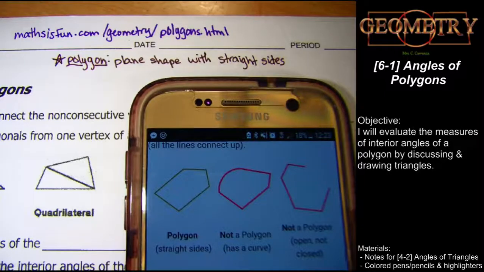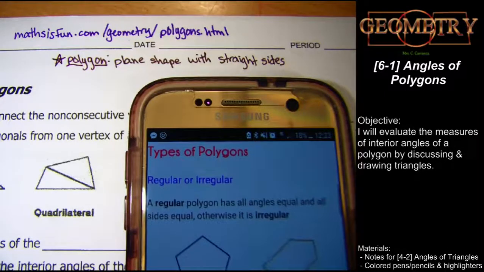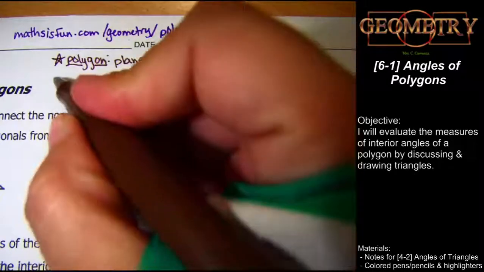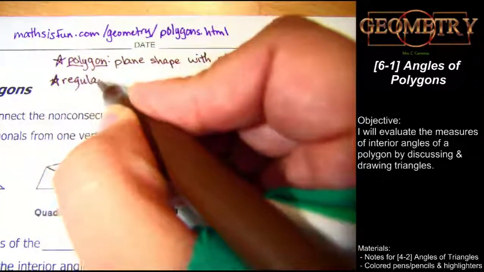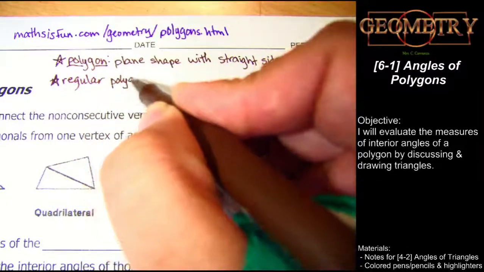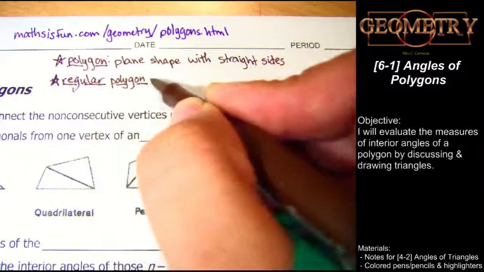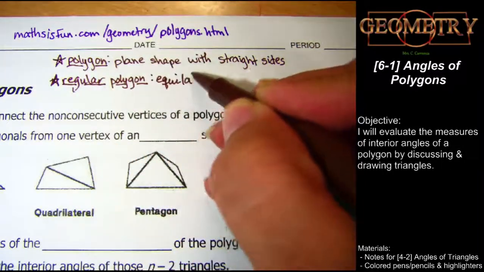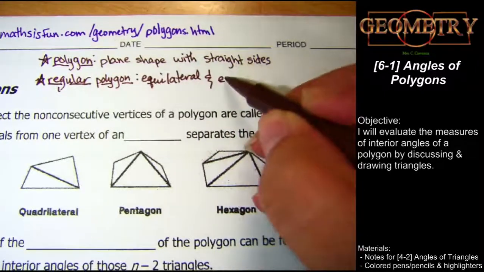Okay. The next one that I want to go over with you is regular polygons. Regular polygons have all equal sides and all equal angles. So in your notes, I'd like you to please write regular polygon, and we're going to use the big fancy math terms for all equal sides, all equal angles: equilateral and equiangular.